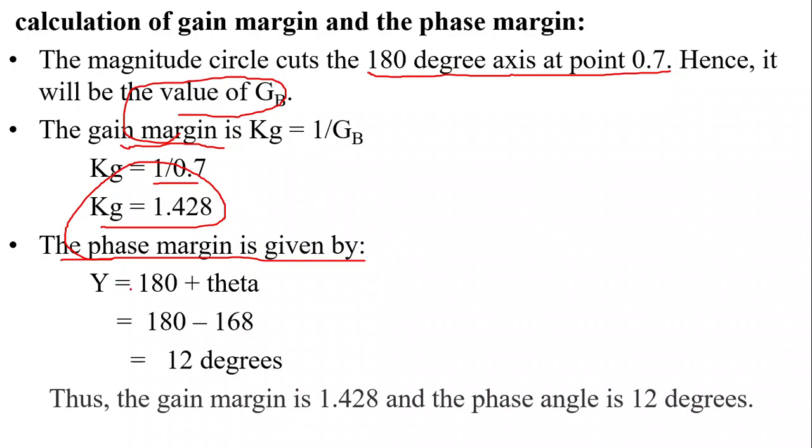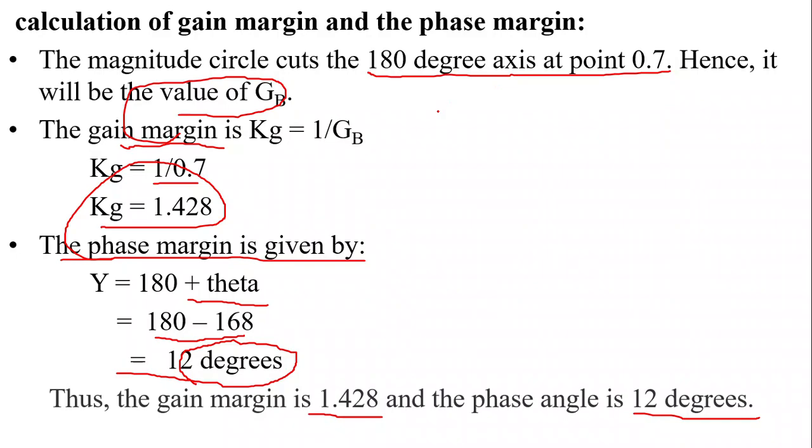So we take 180 degree plus theta, that is 180 degree minus 168, and at last the phase margin is 12 degree. So the gain margin is 1.428 and the phase margin is 12 degree.